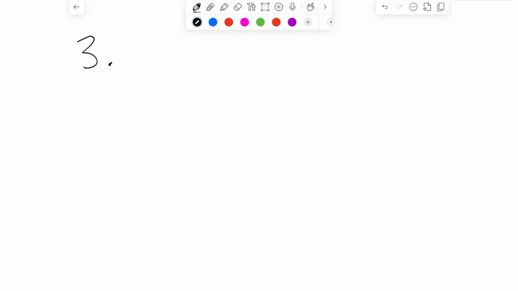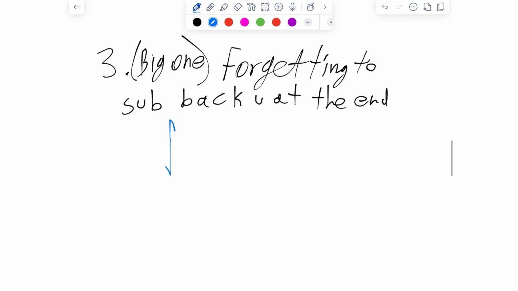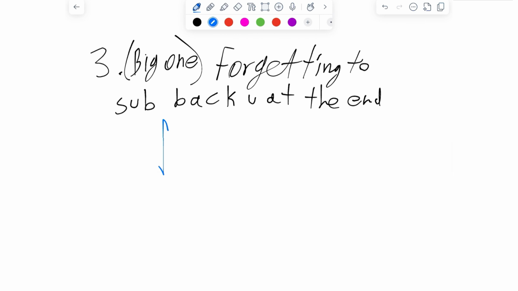Alright, let's move on to the third and final mistake, and this is the most common mistake students make. And this is a big one: forgetting to sub back u at the end. Let's see this example, the integral of 2x sine parentheses x squared parentheses dx.